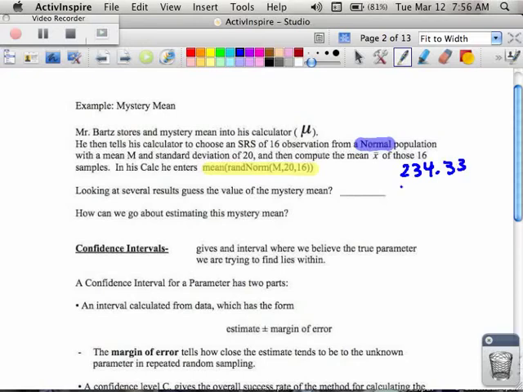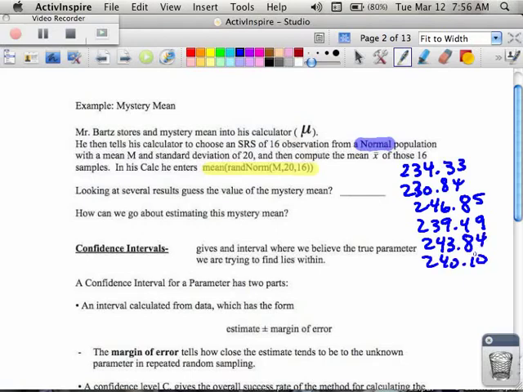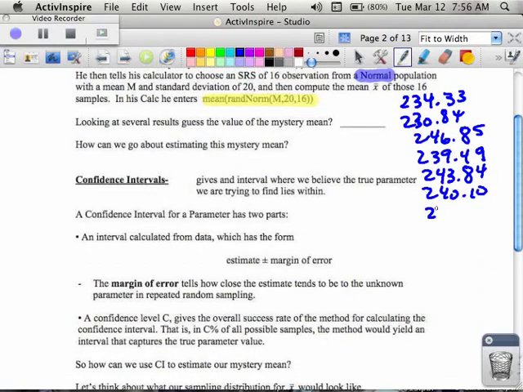Here's what pops out of the calculator: 234.33, 230.84, 246.85, 239.49, 243.84, 240.10, 240.92, 240.40, 250.75, and 240.75.94.